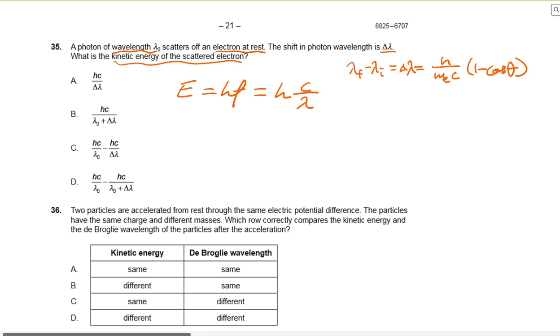First, let's draw a diagram. With small wavelengths, we have a photon hitting an electron at rest. Initially, the photon has all the kinetic energy, KE initial.